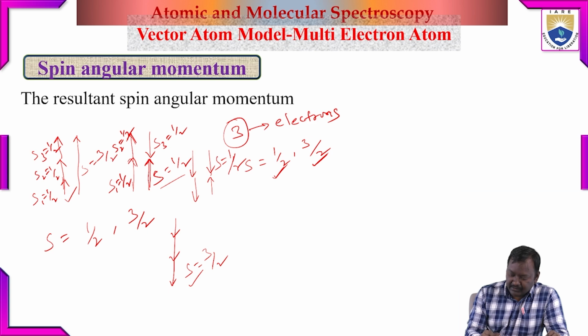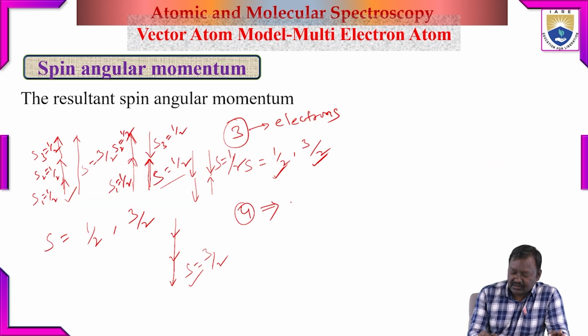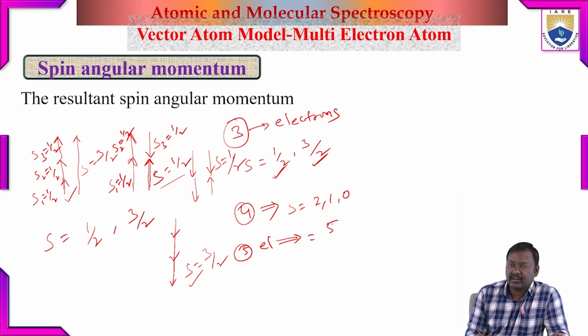Okay, if there are 4 electrons, we already discussed it in the earlier slide: S can have values 2, 1, 0. And if there are 5 electrons, then we can easily show that the total spin quantum number can have values 5 by 2, 3 by 2, 1 by 2.